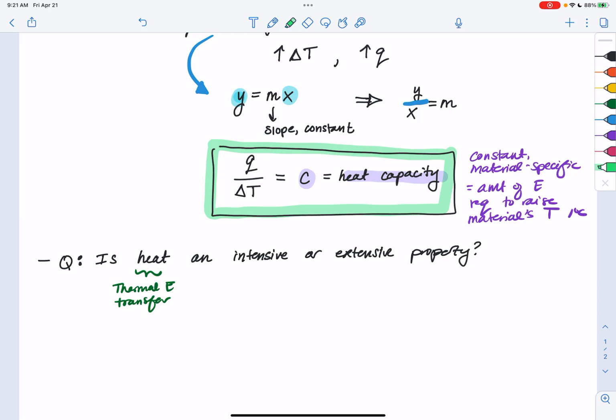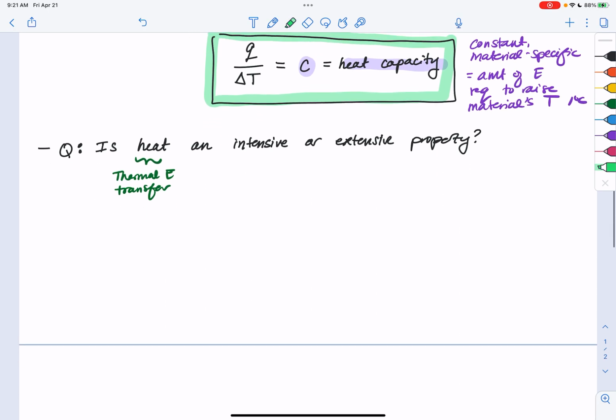And then we have these two different types of physical properties for a substance. The first is an intensive property. Just a reminder, intensive, internal, interior, meaning within or inherent in a substance. So an intensive property is a property that is independent of the amount of a substance.